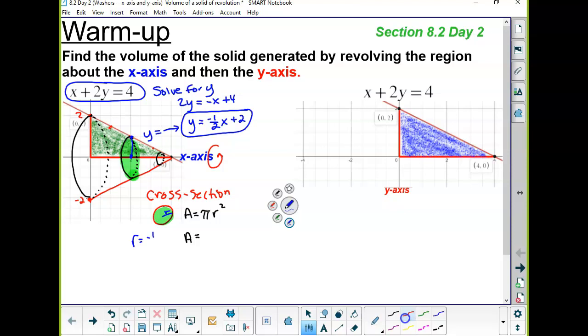My radius is negative 1/2 x plus 2. So what would the area formula be? It would be pi times the radius squared. Now, you can get as crazy as you want algebraically to simplify that, but to be honest, I'd leave it right now.